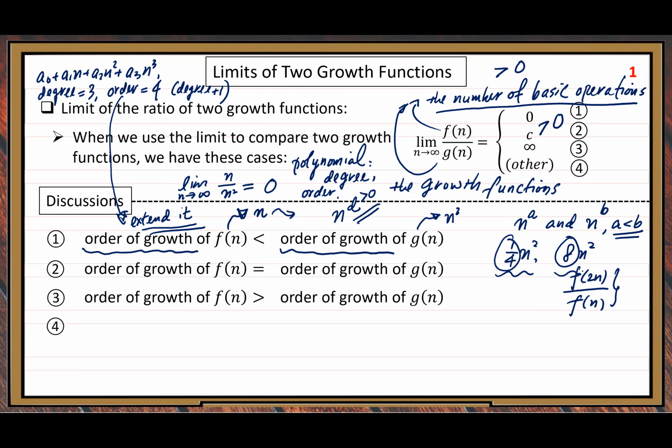You may feel the first 3 cases should cover all the possibilities, but actually it's not. There is a possibility number 4: the limit does not exist.